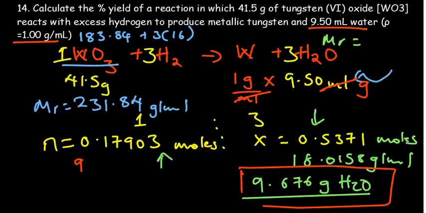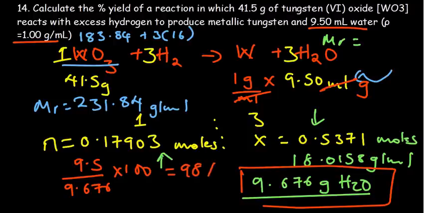So that 9.5 over the theoretical times 100 is basically what will give us the answer, so that is like 98%. Okay, so the expected was 9.676, the actual was 9.5. So it's just a matter of being able to understand which one is the actual and being able to use your stoichiometry to determine the theoretical yield.